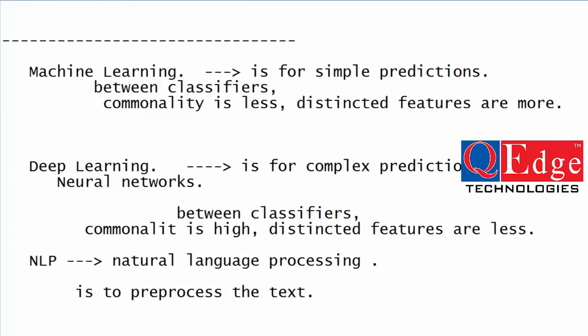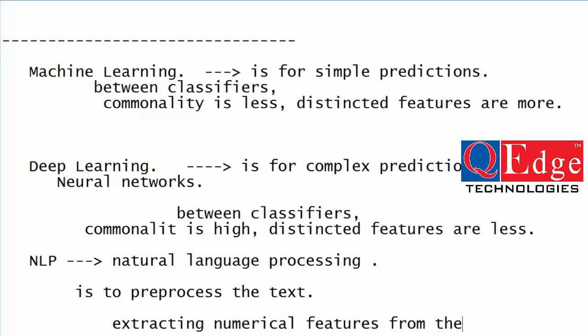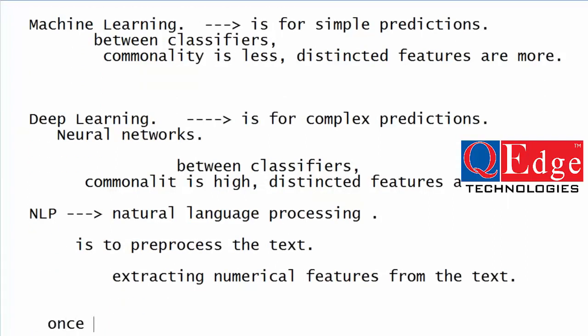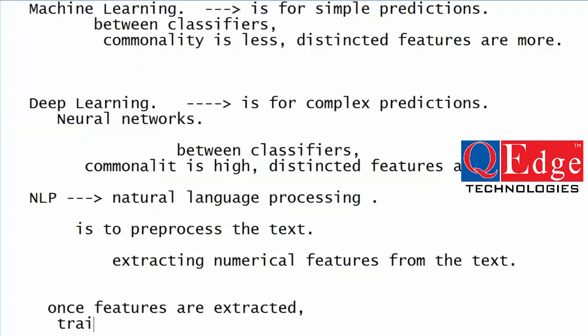So that means extracting numerical features from the text. Once features are extracted, train the models using ML approach or DL approach.